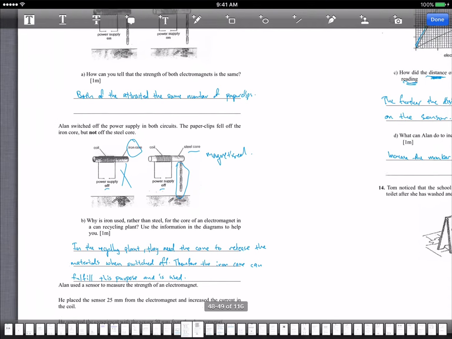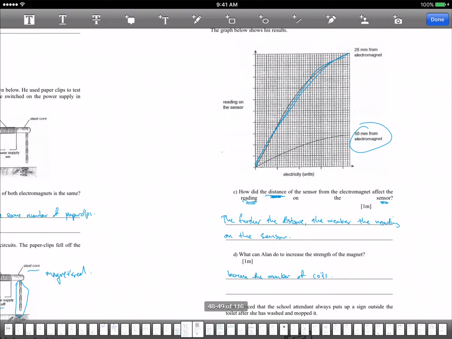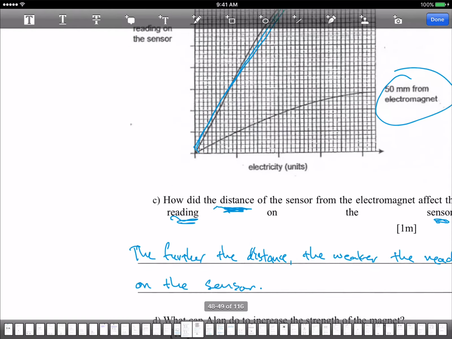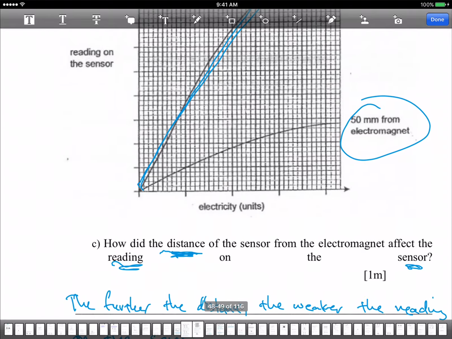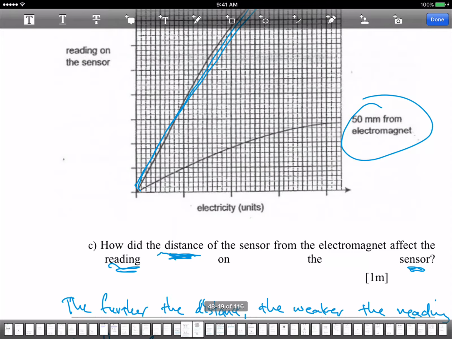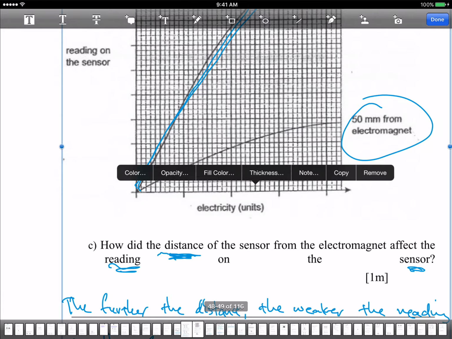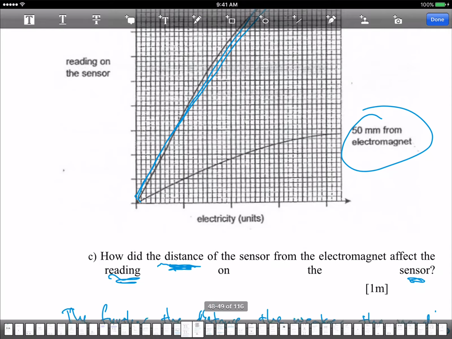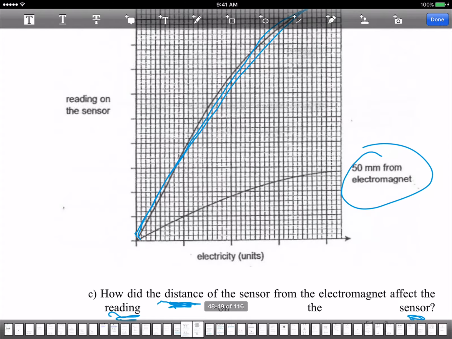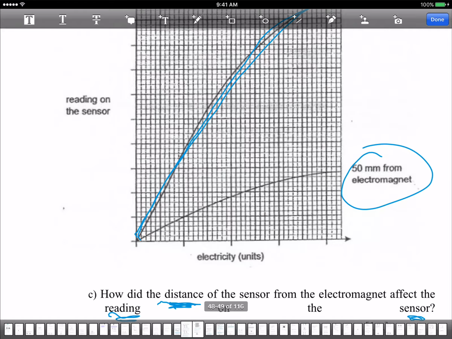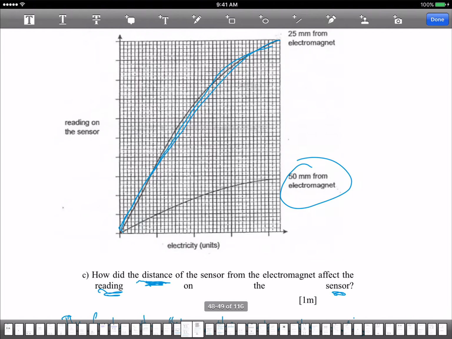Okay, next one, next part. So how did the distance of the sensor from the electromagnet affect the reading of the sensor? So there are two distances here. One is 25 mm and the other one is 50 mm.